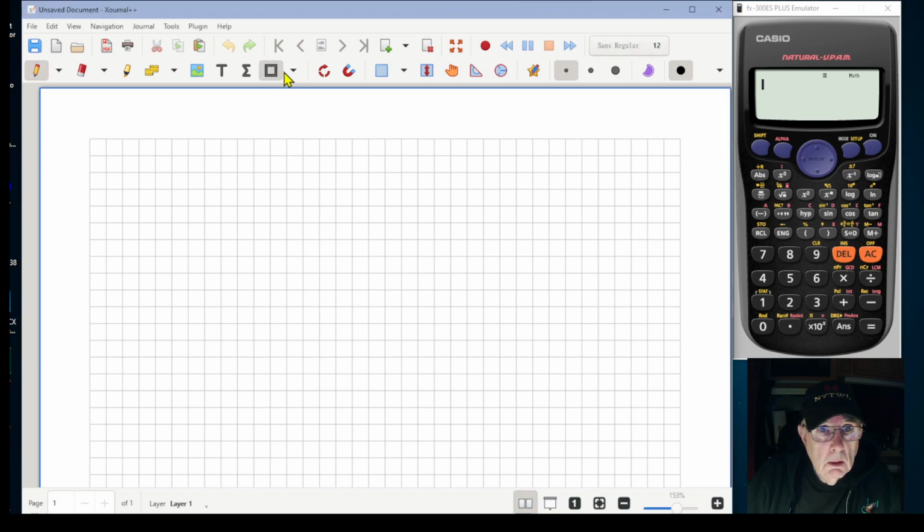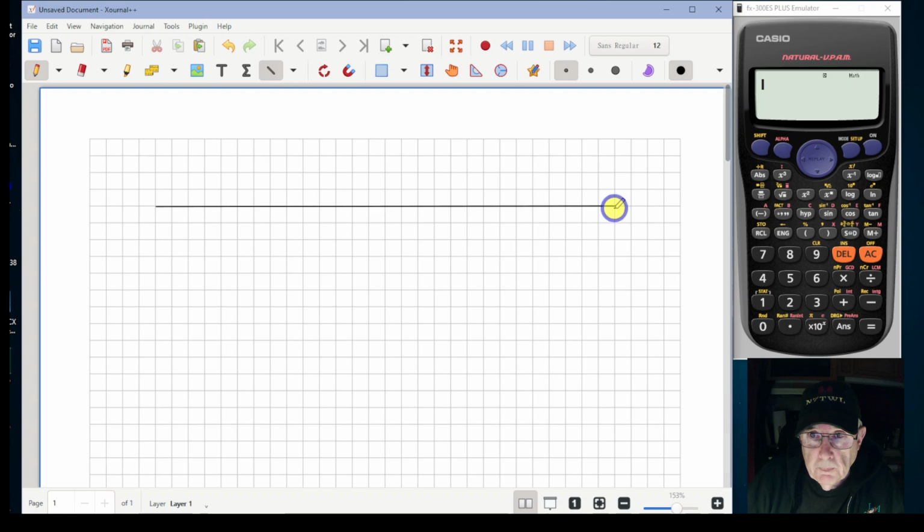And go up here and see if I can get a straight line. And I'm doing this with a digital pen. Okay, so we're just going to draw a straight line here, and let's put a mark in the middle. There we go.